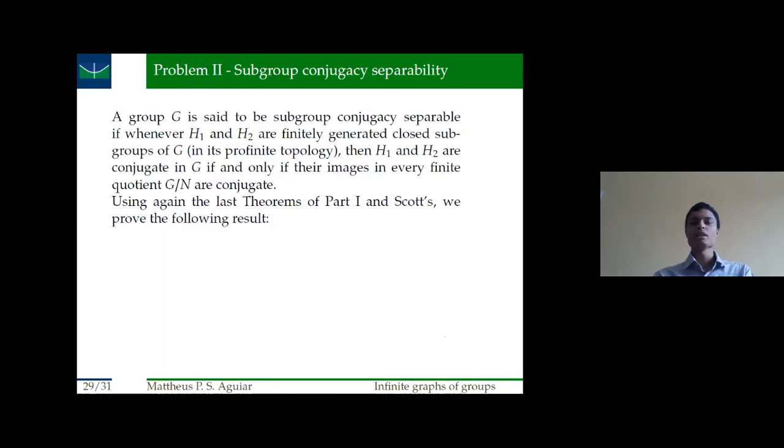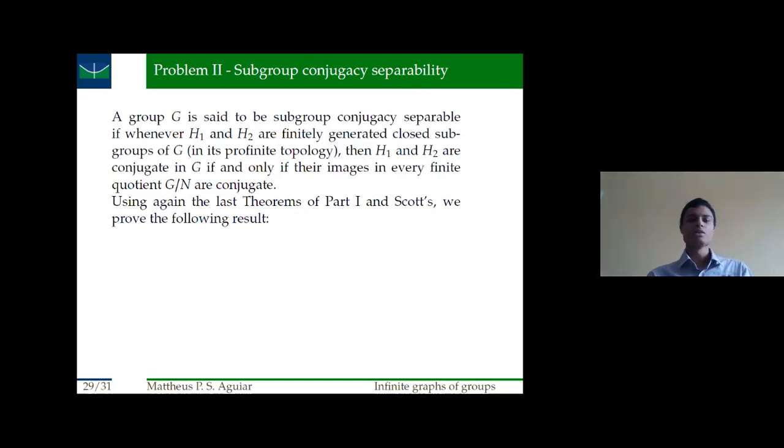And the last application is for subgroup conjugacy separability. A group G is said to be subgroup conjugacy separable if whenever H1 and H2 are finitely generated closed subgroups of G in its profinite topology, then H1 and H2 are conjugate in G if and only if their images in every finite quotient G over N are conjugate.